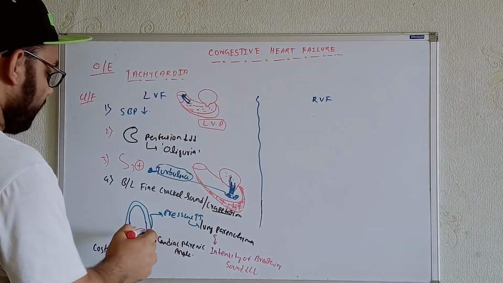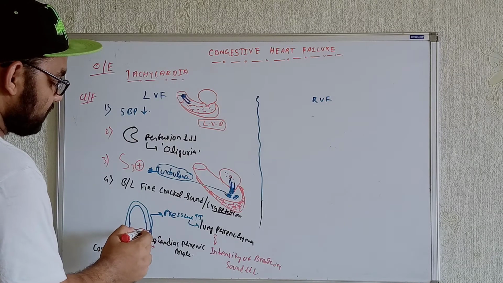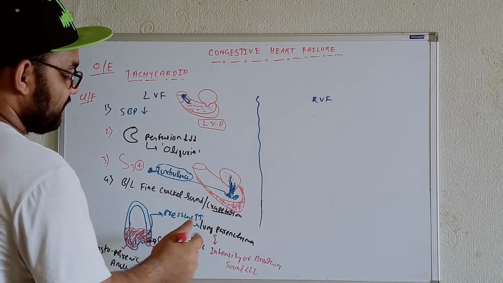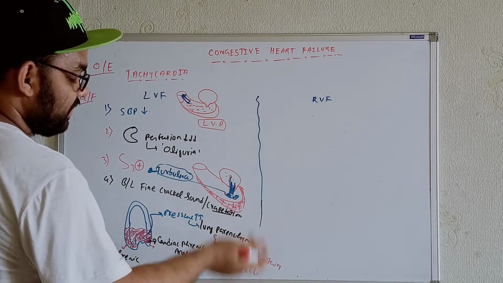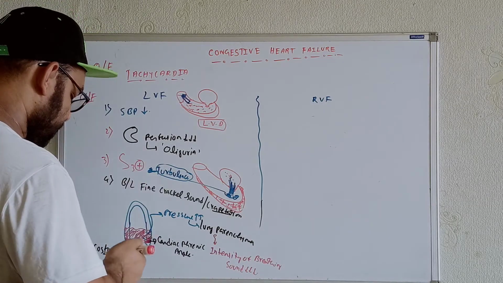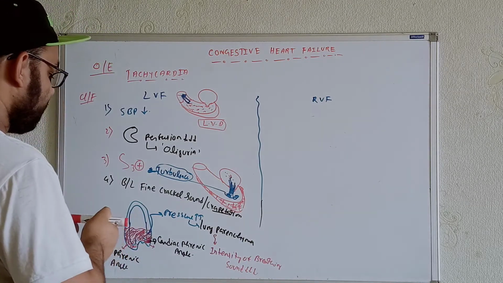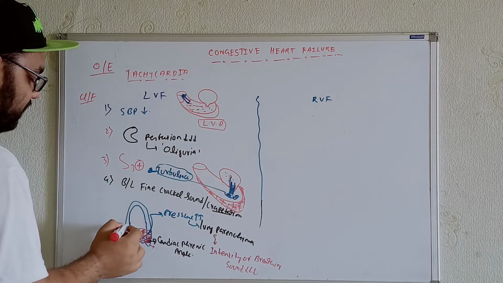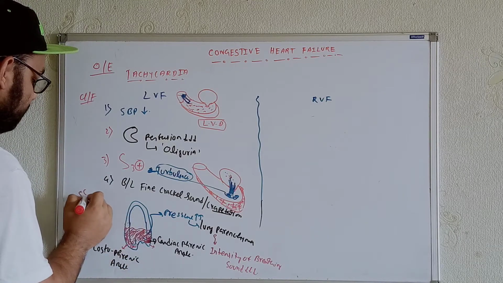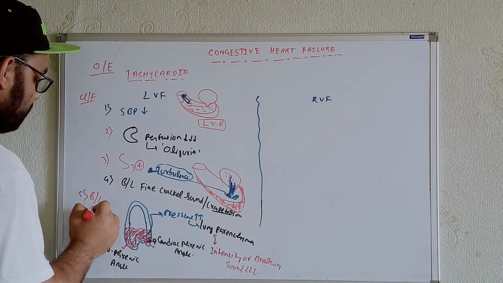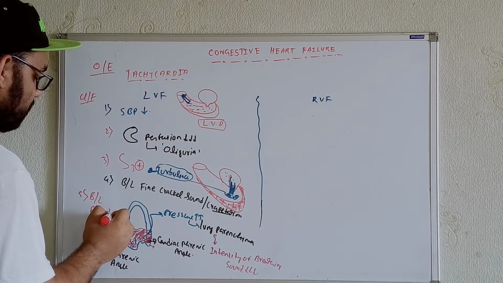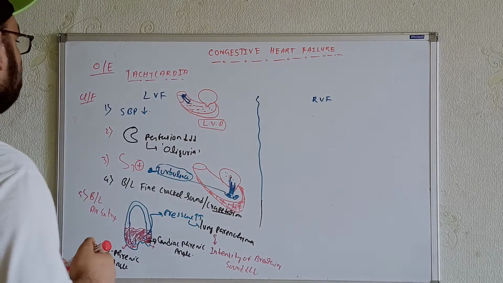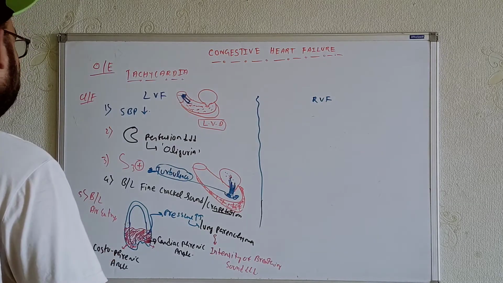See, whenever the accumulated fluid applies pressure on the lung parenchyma, as a result the intensity of the breathing sound will definitely be decreased in these cases. So another type of problem we will get is decreased bilateral air entry. Okay. So these are the clinical manifestations we will get as far as left ventricular failure is concerned.